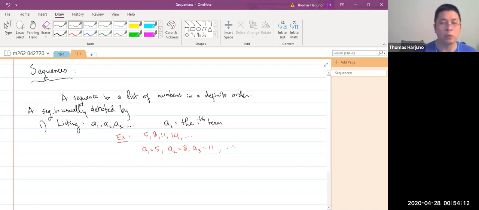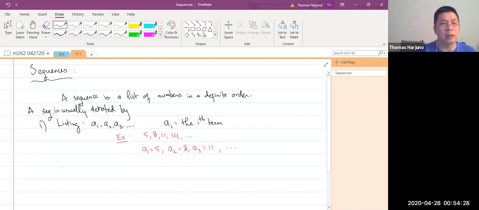Basically we listed from the first term on. This method is usually used especially if we don't see the pattern of the sequence.